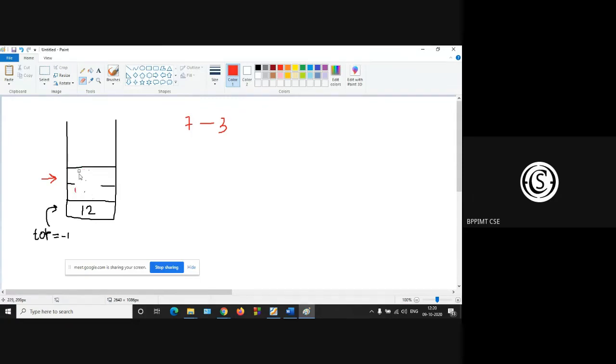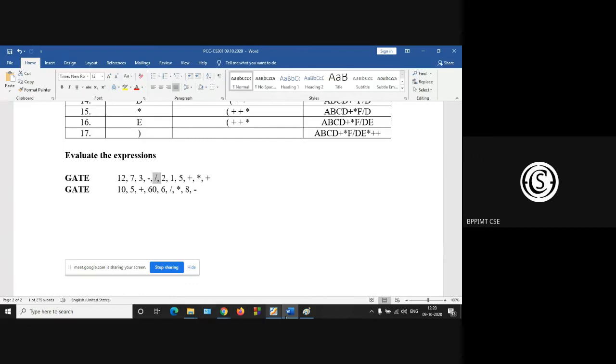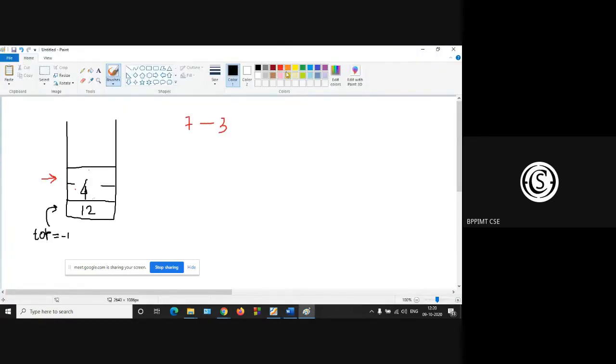So now the stack top will contain 4. Now division is encountered. So 12 divided by 4. When there is a division, you have to pop this 12 and 4 and put the result in the stack top.